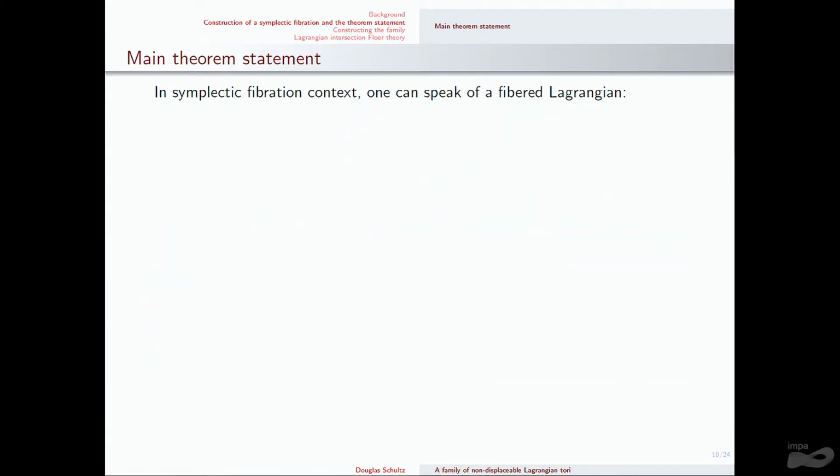Okay, and in this context, you could think of the most naive way to construct a Lagrangian, which is just a fiber subbundle sitting in there. So you have a Lagrangian in the fiber and a Lagrangian in the base, and you can imagine a section here, a section of LF over LB.